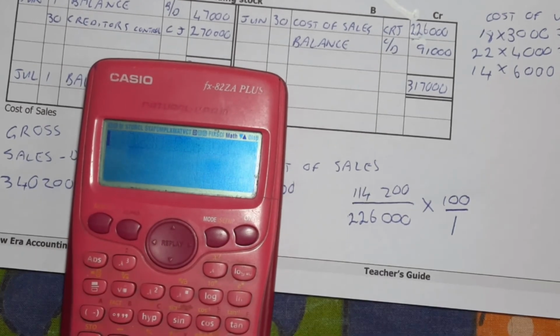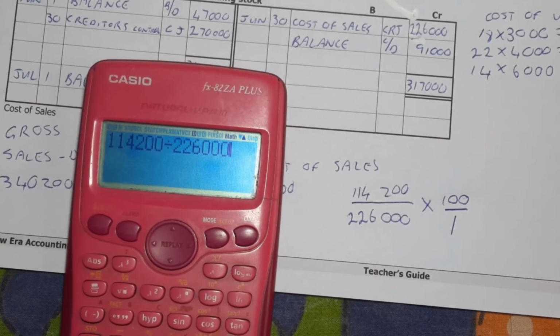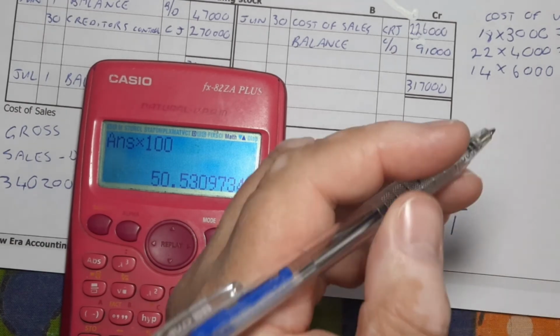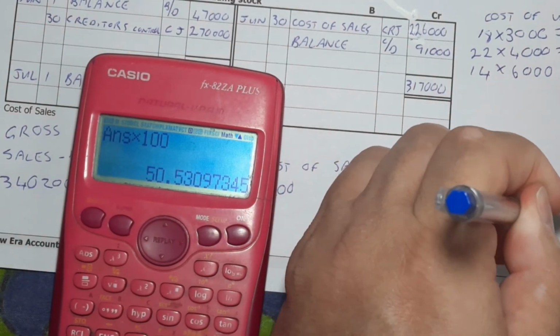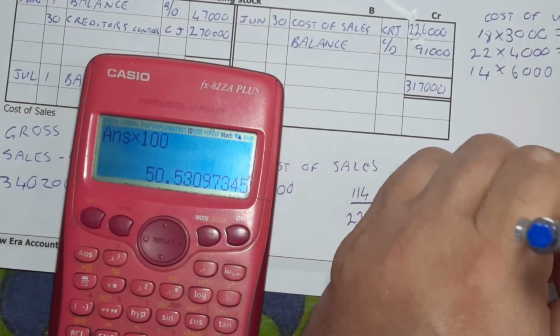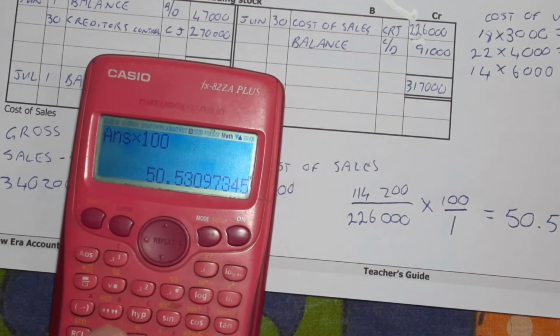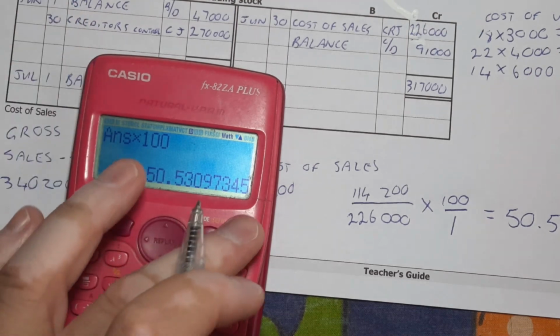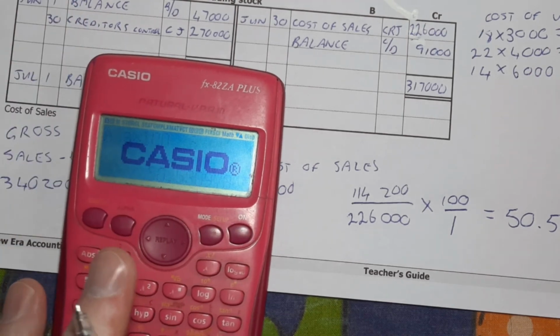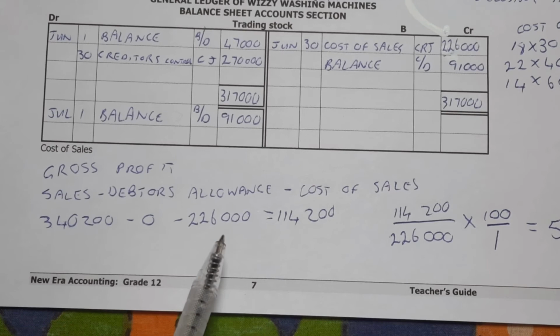So that is 114,200 divided by our cost of sales times 100 gives you 50.5% as the average markup on all three products. And this concludes task 10.5.